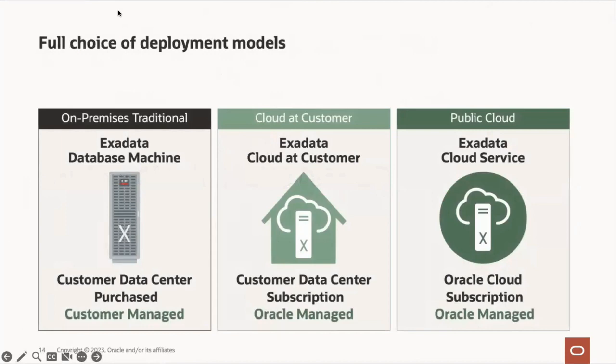So you can do this with the Exadata box itself, and we can deploy it either in our cloud, in our service OCI, where we manage everything, or cloud at customer. We will put it in your data center, right?